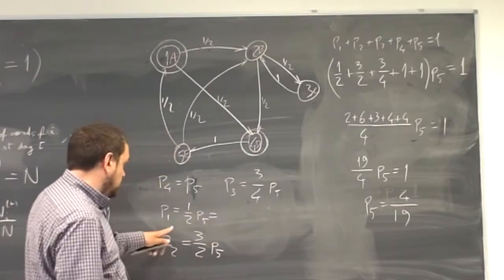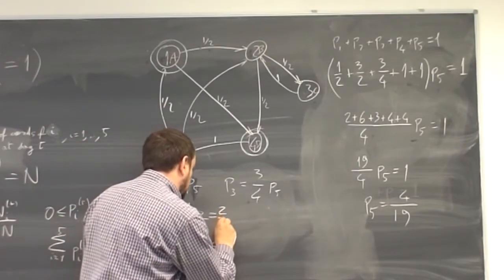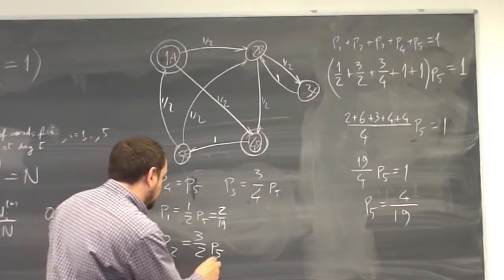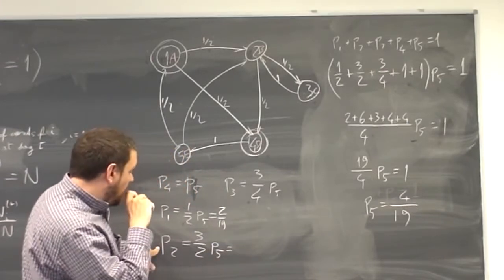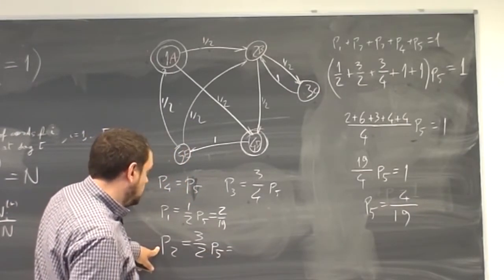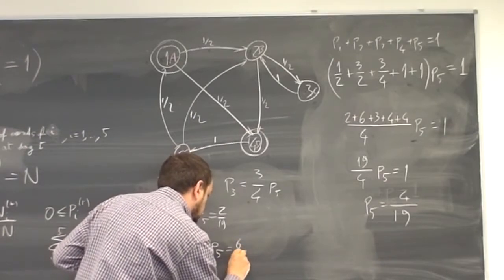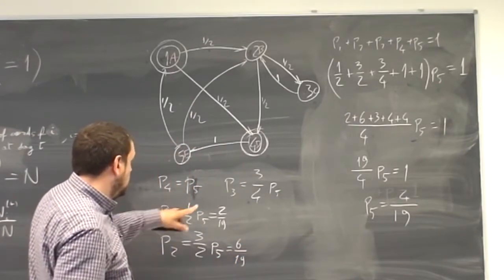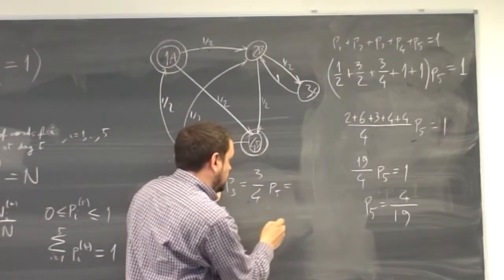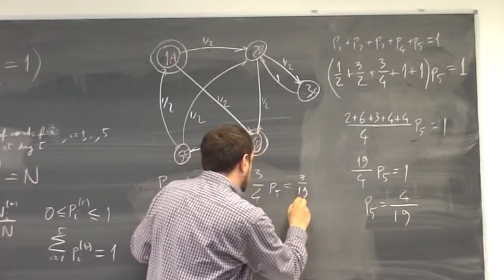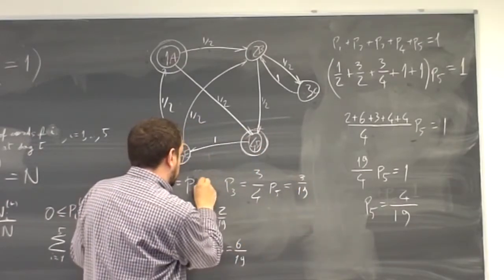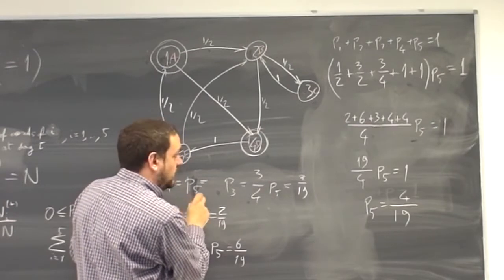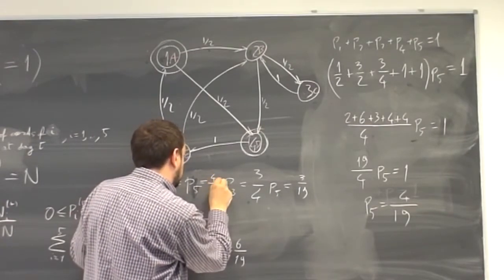So P1 is 2 over 19, P2 is 6 over 19, P3 is 3 over 19, and P4 and P5 are equal to 4 over 19.